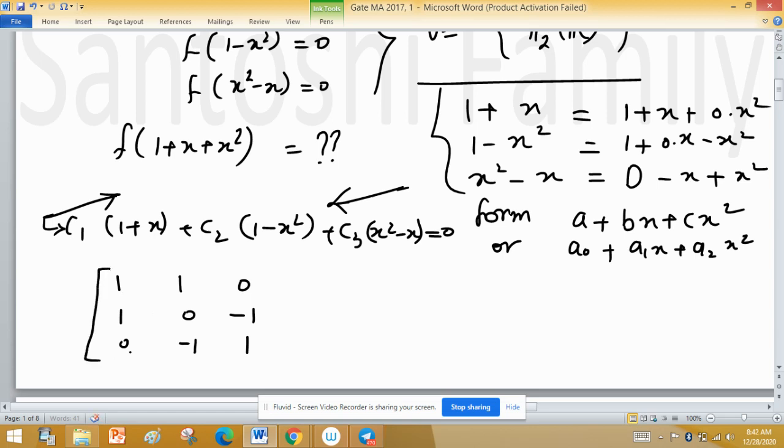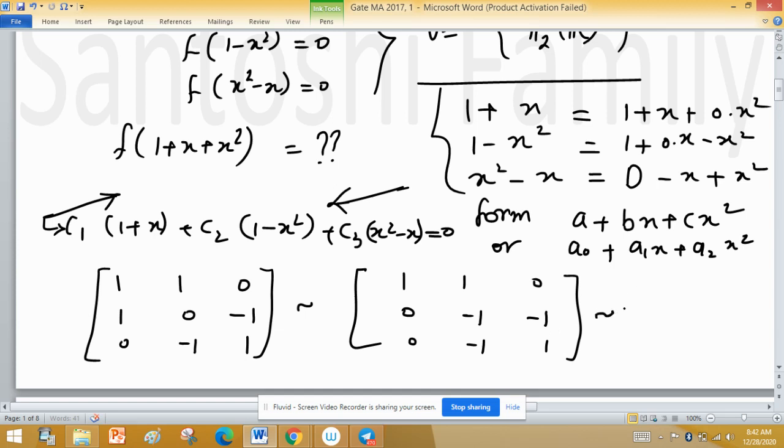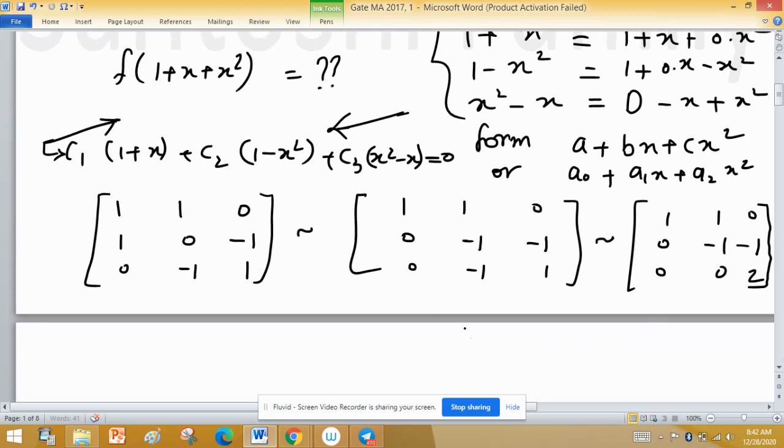This is our coefficient matrix, and we need to check the rank, or the number of non-zero pivot positions. It is equivalent to 1 1 0, 0 minus 1 minus 1, 0 minus 1 1, and then to 1 1 0, 0 minus 1 minus 1, 0 0 2. The rank of the last equivalent matrix is 3.